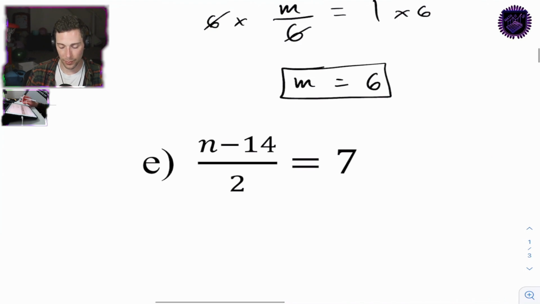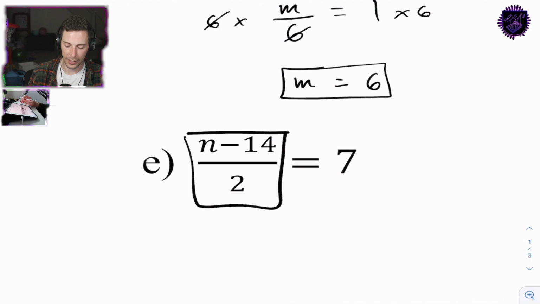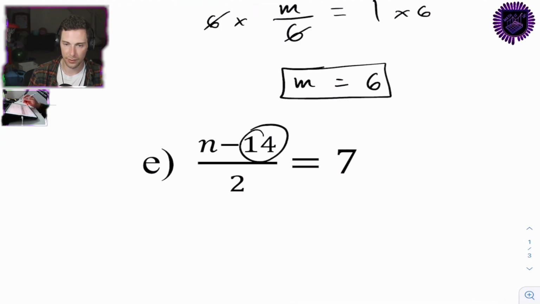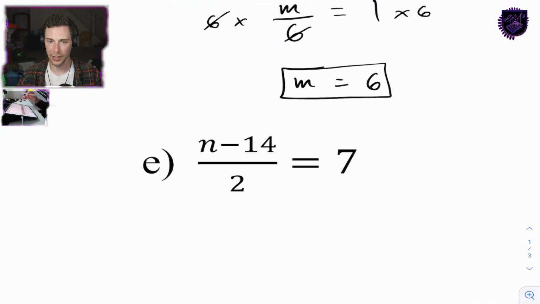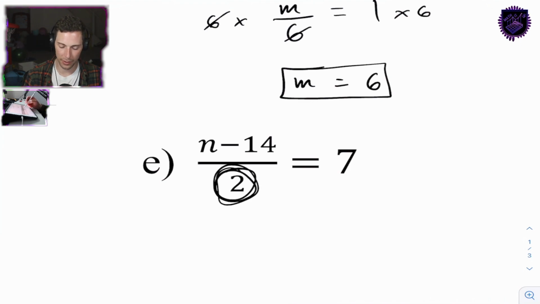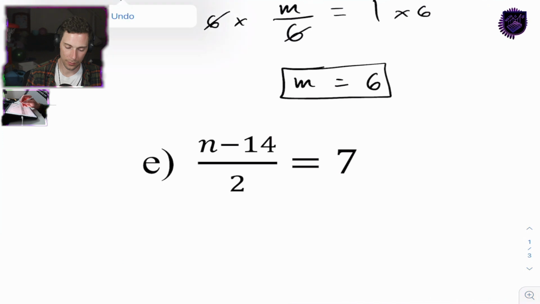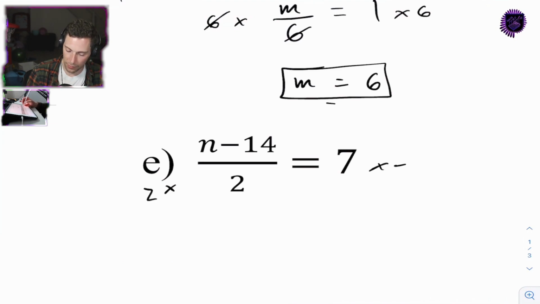All right, so this one is kind of strange because this is one term here. You can't first get rid of this. We want to first get rid of the 2. The first step here, get rid of the 2. So we're going to multiply by 2, both sides, times 2, times 2.